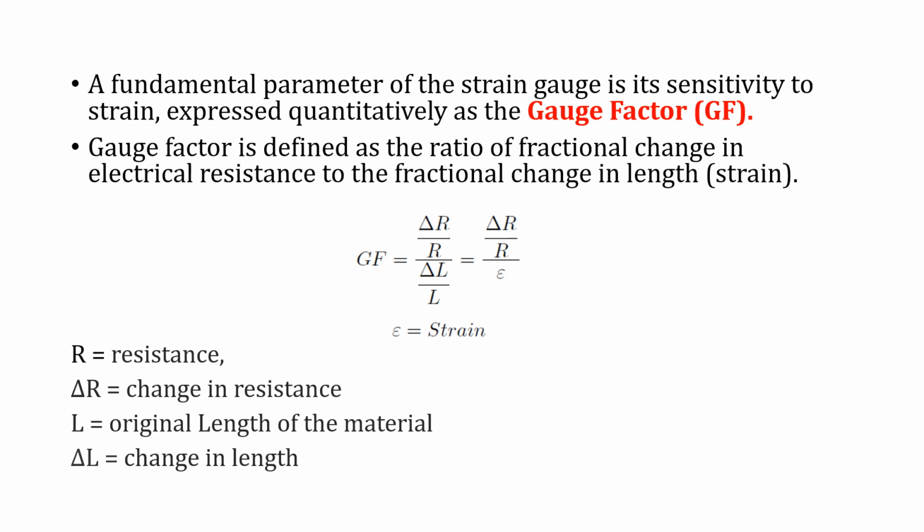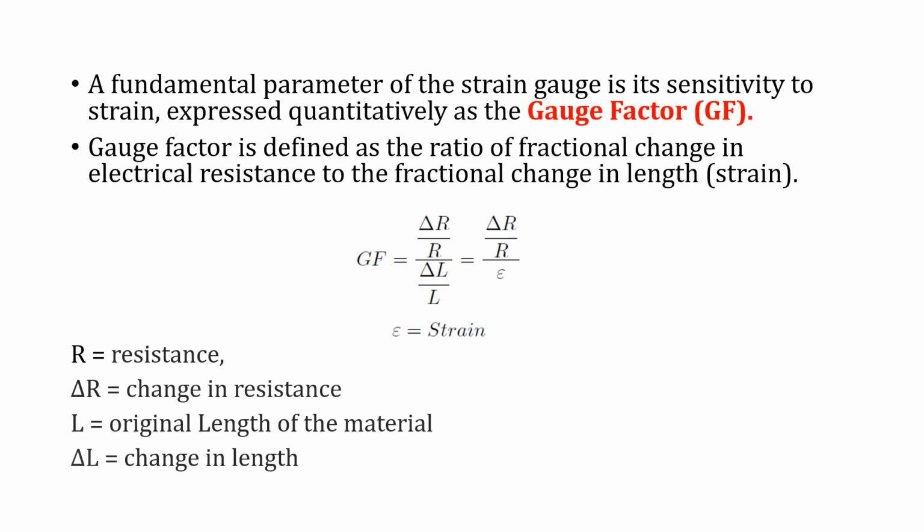So del R is the change in resistance divided by the original resistance, to the ratio of change in length with the original length. We can write del L by L as epsilon, which is nothing but strain. So gauge factor equals del R by R divided by epsilon, which is proportional to the strain.